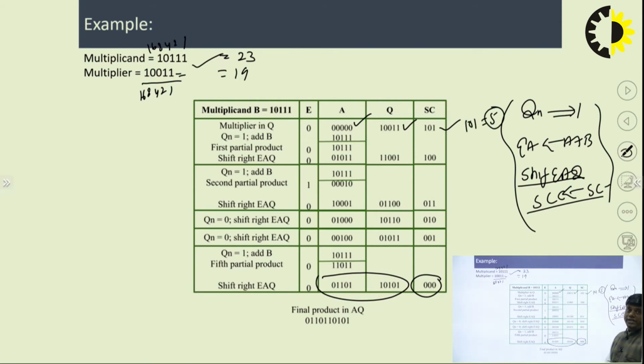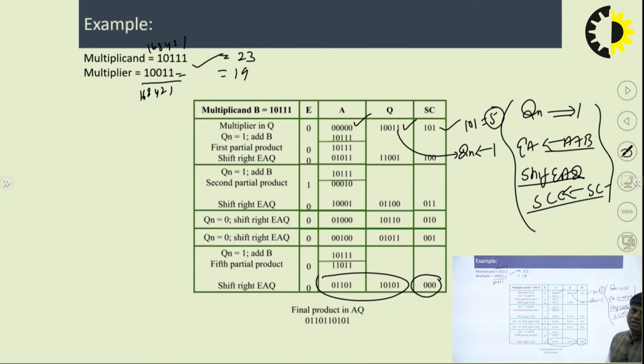Now check Qn. What is the Qn? The first bit of Q. Now this one is known as the Qn. If Qn is 1, then what type of operation is performed? Simply add A plus B, shift EAQ, and SC is equal to SC minus 1.